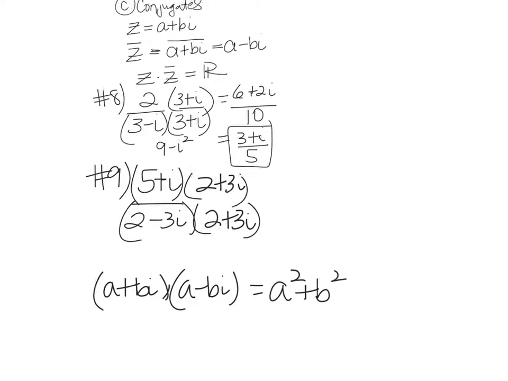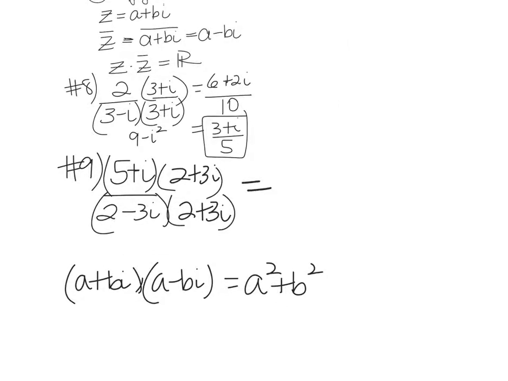So up top, we got a FOIL. If you want to skip a step, you can go 5 times 2 is 10. If you want to do the outside, inside at the same time, that's no problem. So you get 15i plus 2i is 17i. And then you have i times 3i is 3i squared, which is negative 3.